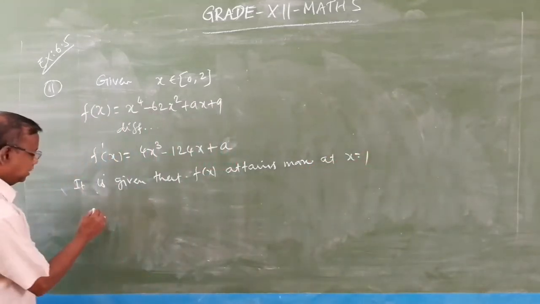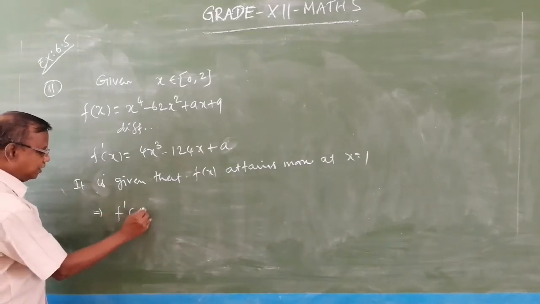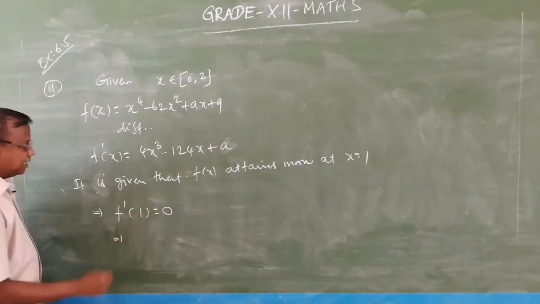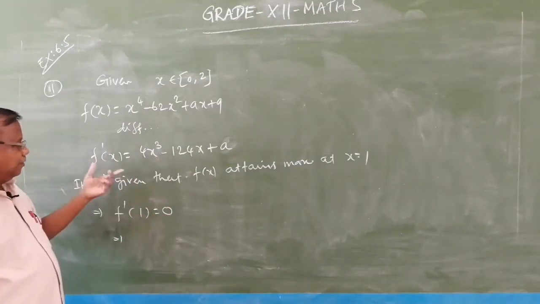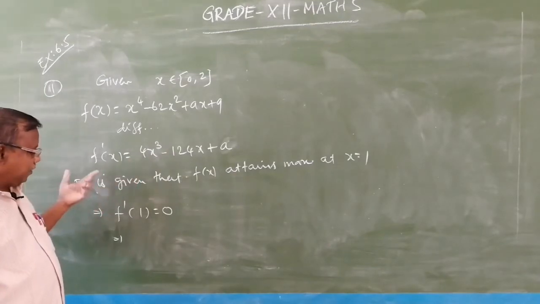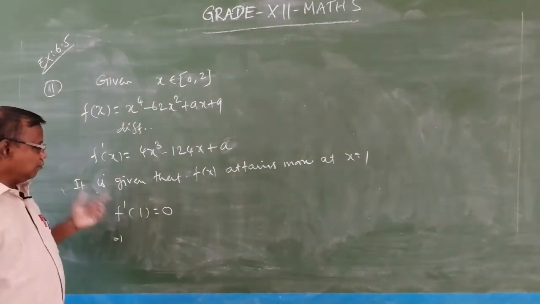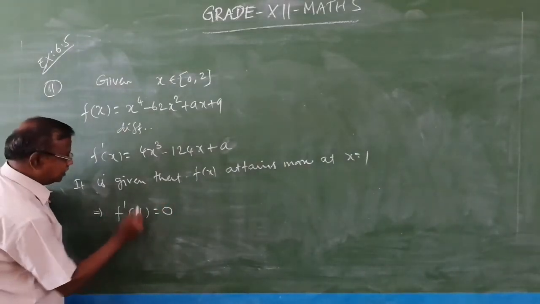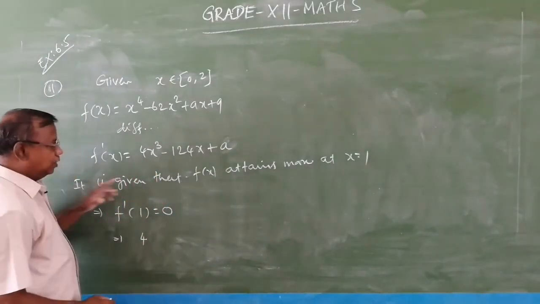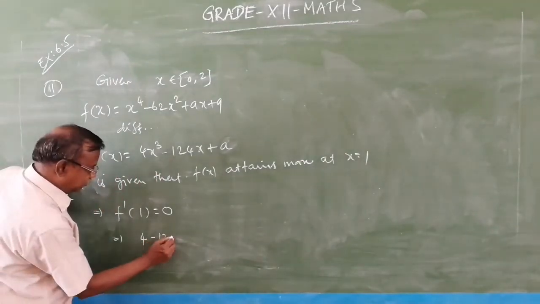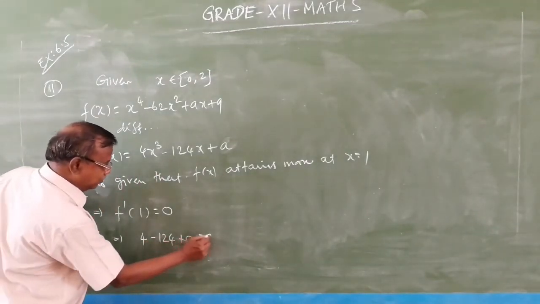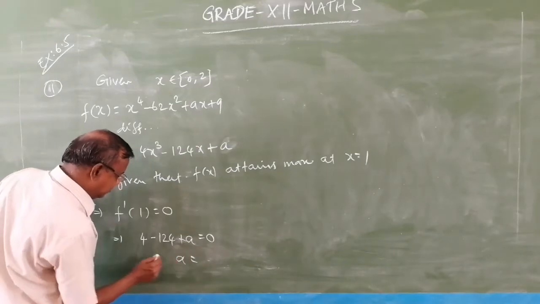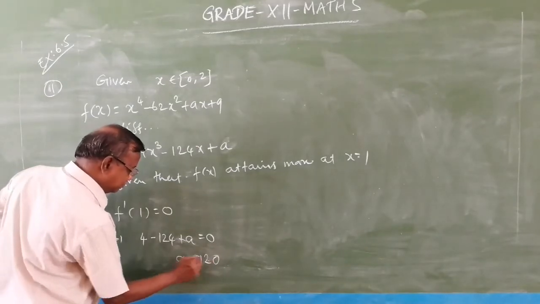So f dash of 1 equal to 0. So maximum at means at that point we differentiate and equate to 0, we will find the value whose x value is 1. So f dash of 1 equal to 0, which gives 4 minus 124 plus a equal to 0, which gives a equal to 120.